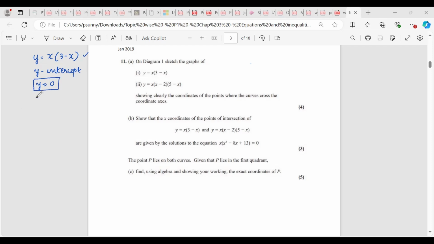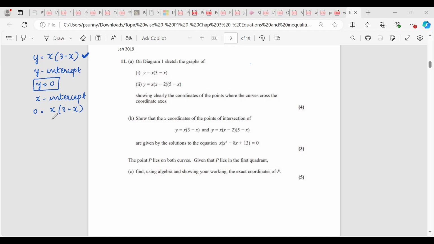Next, you need to find out what the x-intercept is. To find the x-intercept, we know we have to put y equals 0 in the equation. So when we substitute y equals 0, 0 equals x into 3 minus x.